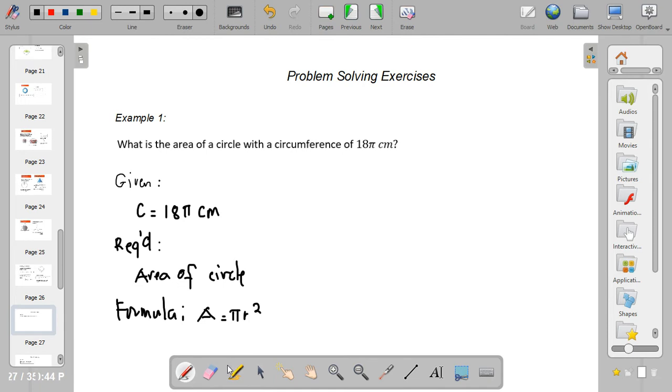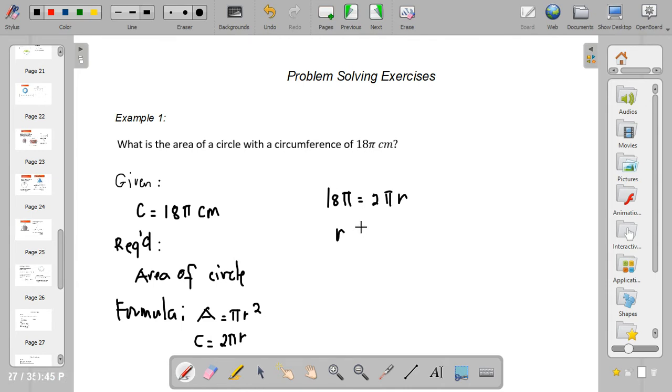Okay, but we don't have the r, we only have the circumference. So we can compute first the r by using the formula of the circumference, where circumference is equal to 2 pi r. Substituting the value of c, we have 18 pi equals 2 pi r.